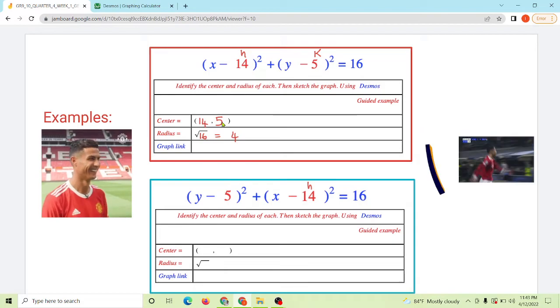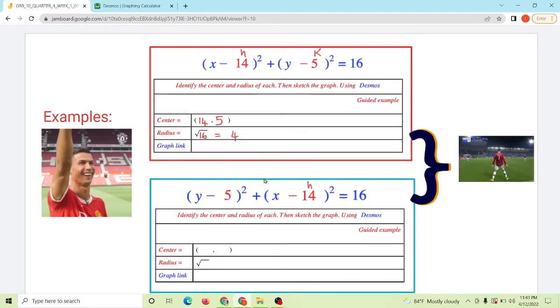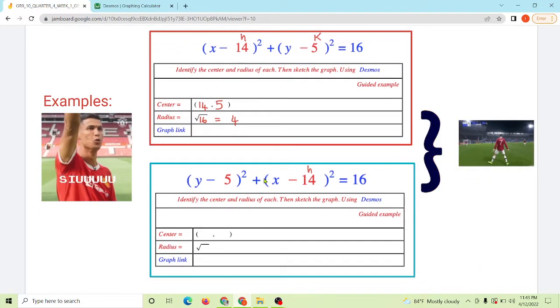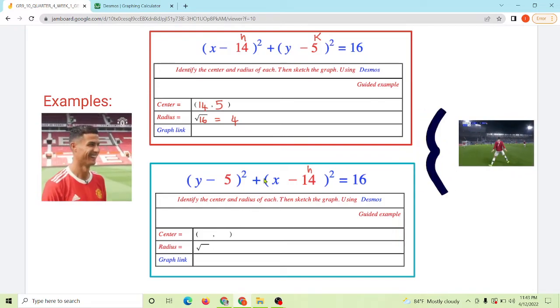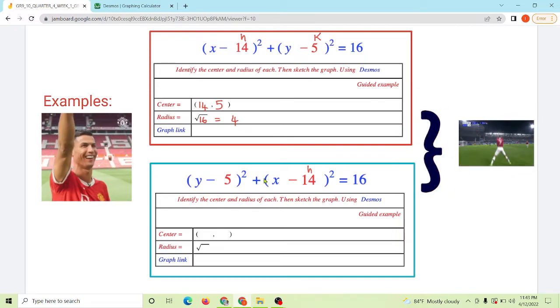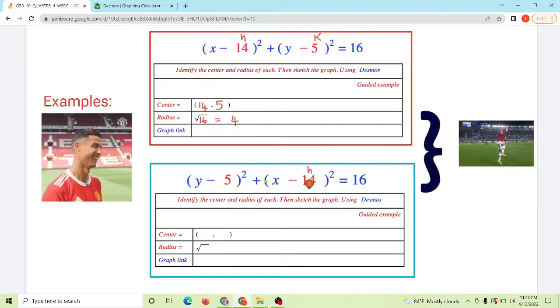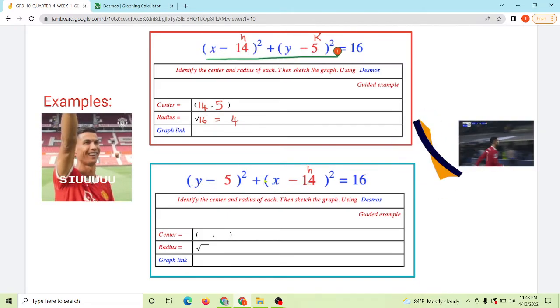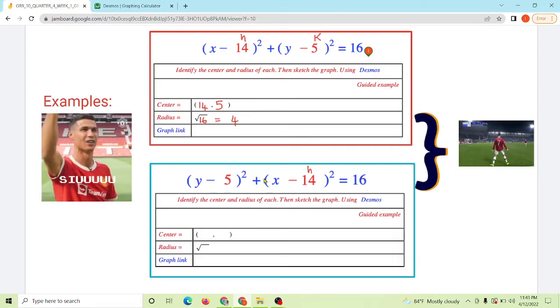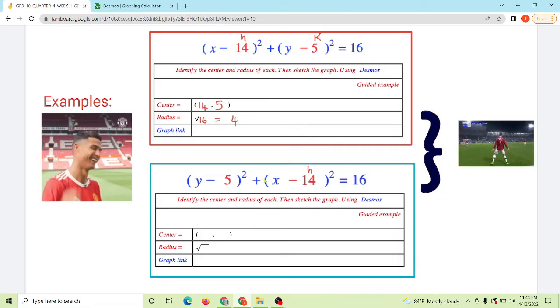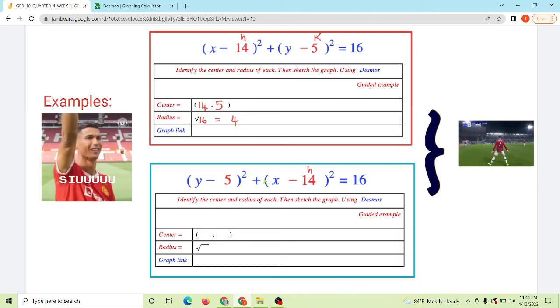Now, I just want to point this out. Sometimes you might see it written like this, where the y is written first and then the x second. Now, remember, this is the standard form, which is x minus h all squared plus y minus k all squared equal to r squared.